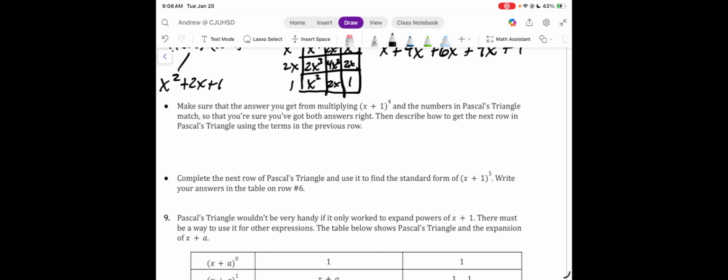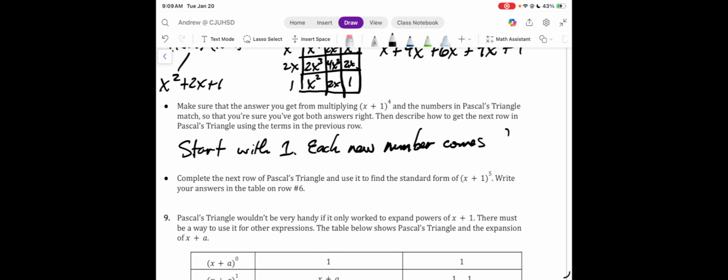Well, you've got to start with the number 1, and then each new number comes from adding the 2 numbers above it. Complete your next row and use it to find the standard form. Well, we did that already.